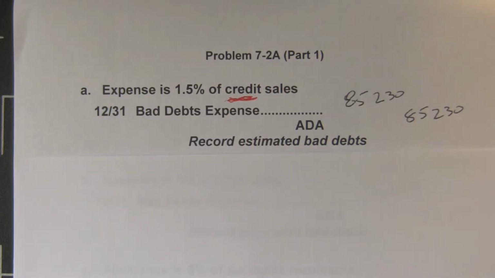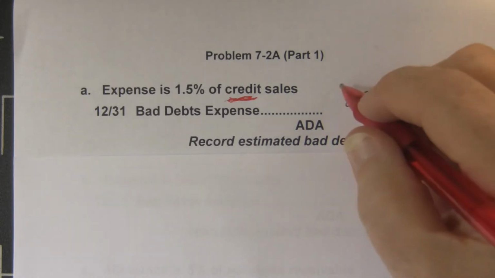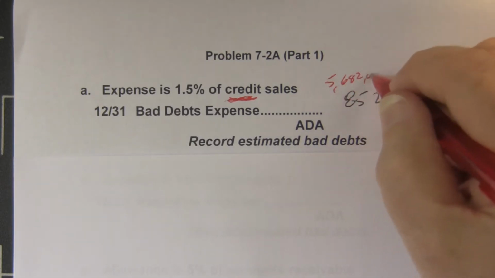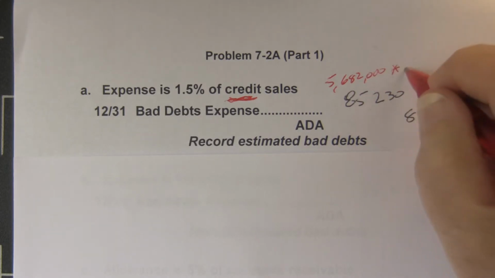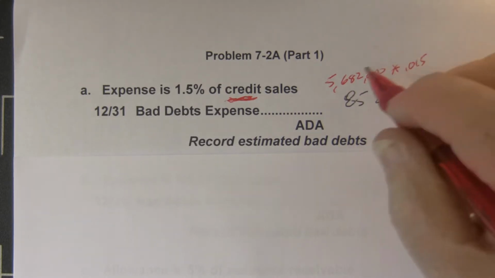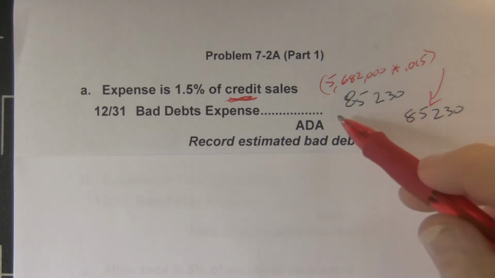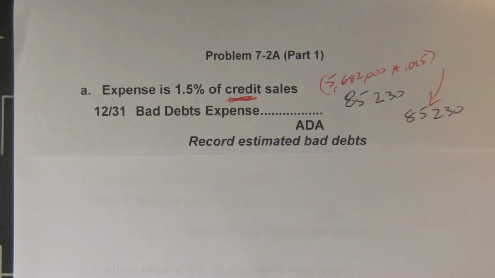Well, if you look in your textbook, they tell us the credit sales are $5,682,000. So you take $5,682,000 multiply by 1.5%, and that's your bad debt expense, debit, bad debt expense, credit, allowance for doubtful accounts.